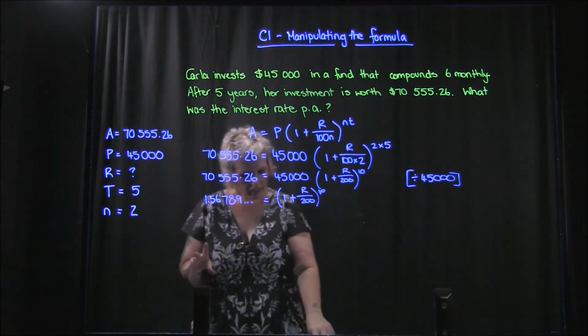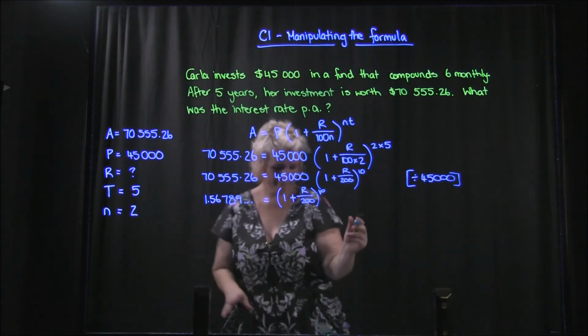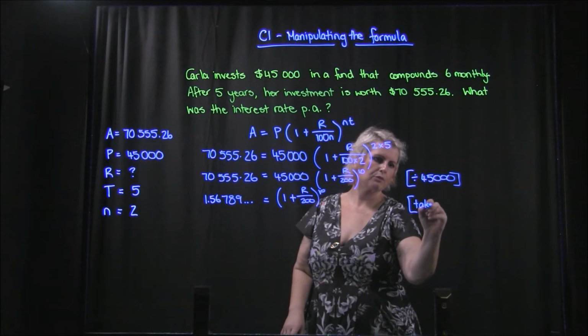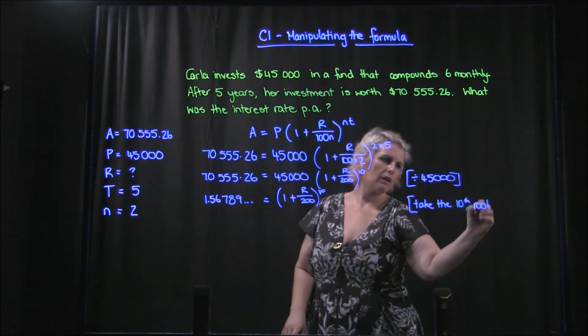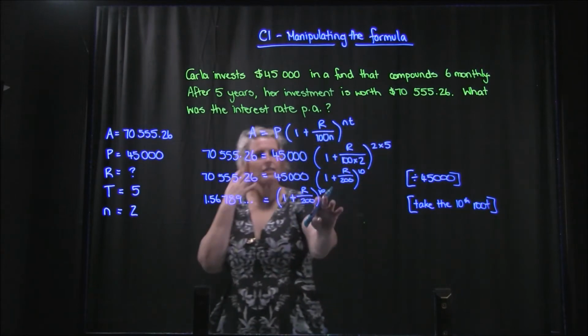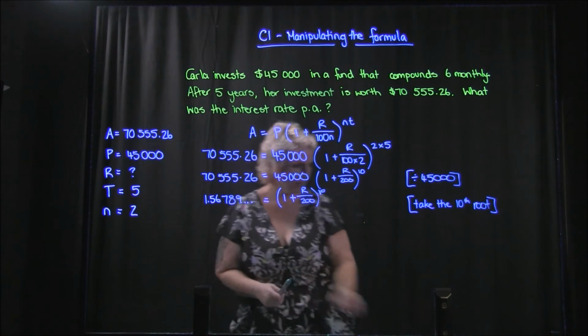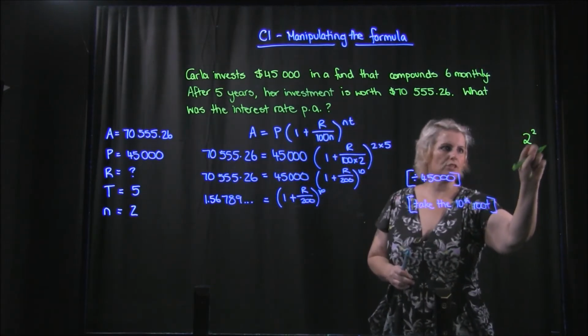Okay. Next, I'm going to get rid of this power of 10. So basically what I'm doing is I'm taking the 10th root. As a quick reminder, if I went 2 to the power of 2, that's 2 squared.